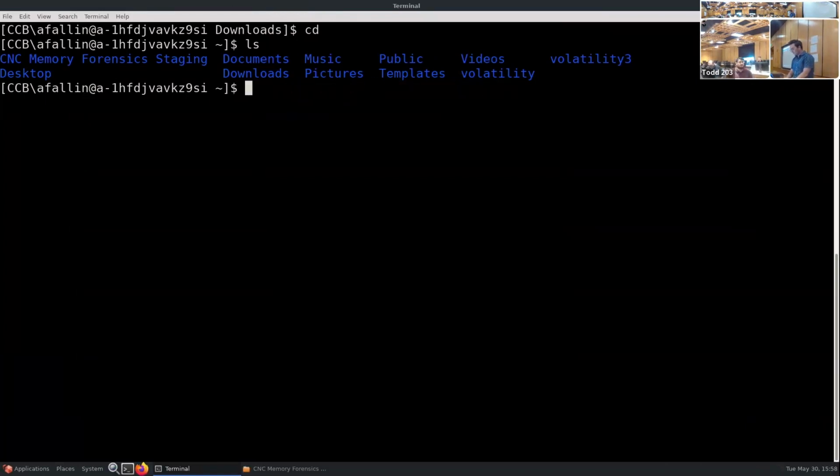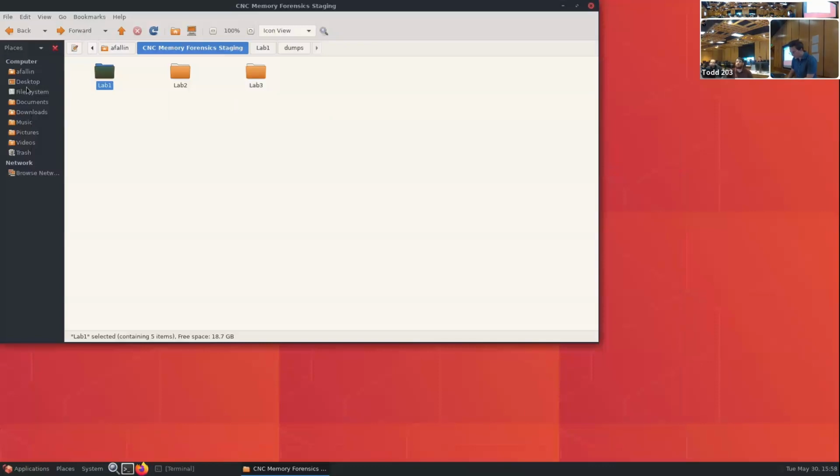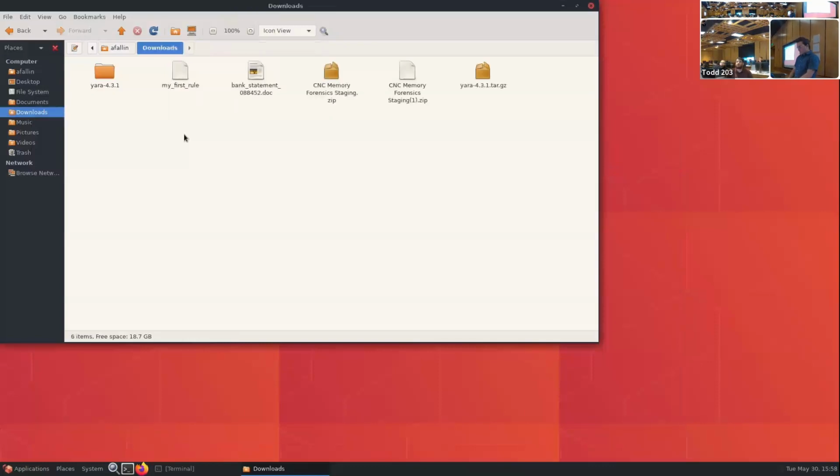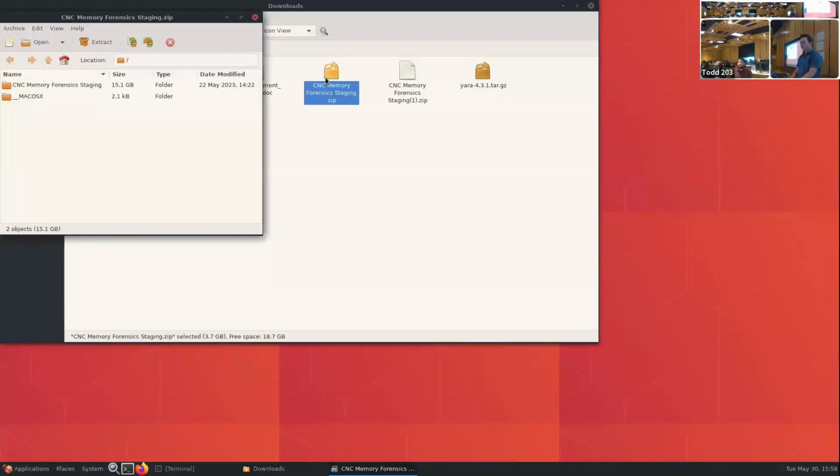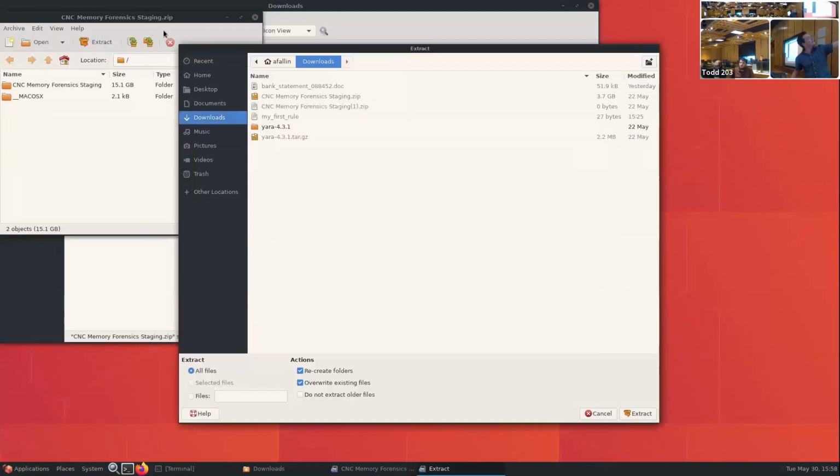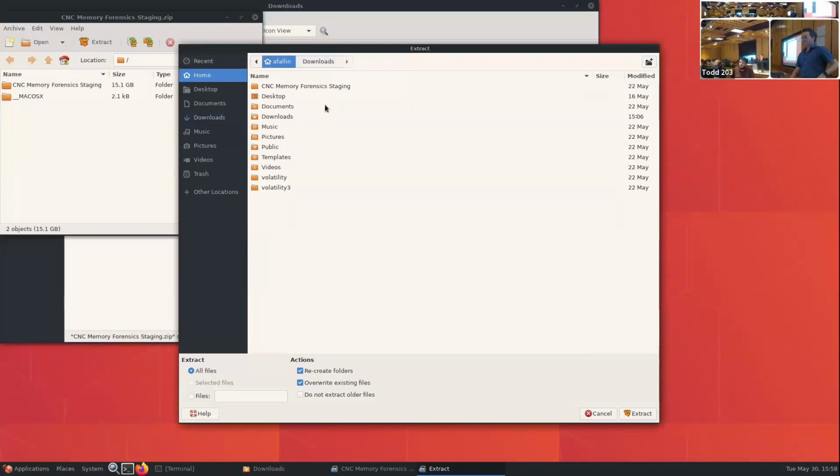To help people who are trying to extract it, I'm going to go to Downloads and double click the zip file we downloaded. We get this up here, with the extract button. Click that. We're just going to throw it in the home directory because it's easy.